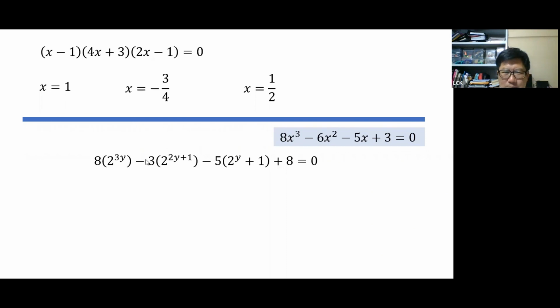I've got to somehow make this into this format. And I immediately strike lottery because I see an 8 here and I see an 8 here. Wow, 8, 8. All right, I need a 6, but I don't have a 6 here, but I have a 3 times 2. Somehow I've got to get a times 2 somewhere here. I've got a -5 already here.